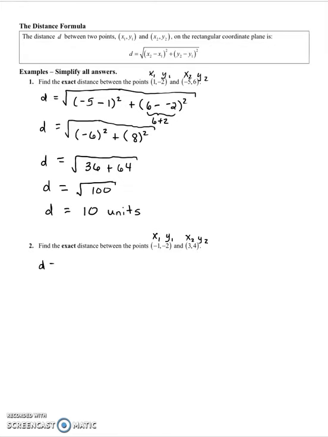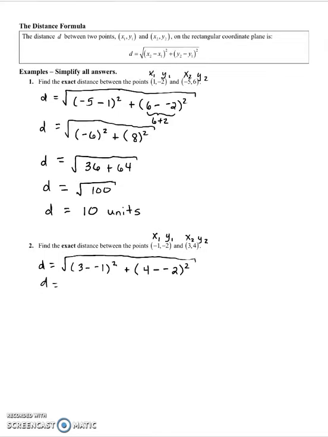So the distance equals the square root of 3 minus -1, squared, plus 4 minus -2, squared.